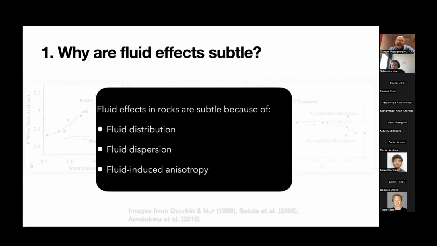So we have three reasons why subtleties in rocks manifest themselves through fluid partial saturation. One is the way that the fluid distributes in the rock, and this is the patchy and uniform scenario that I showed before. One is the way that it affects dispersion, and one is the way that it affects anisotropy. So I'm going to tackle these three, okay?